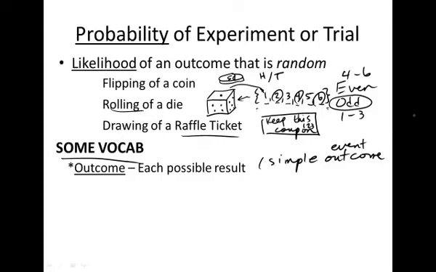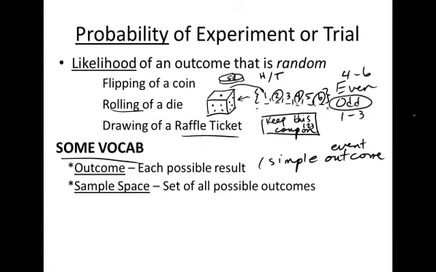All right, moving on. So a sample space. A sample space is basically all possible simple events that can occur.